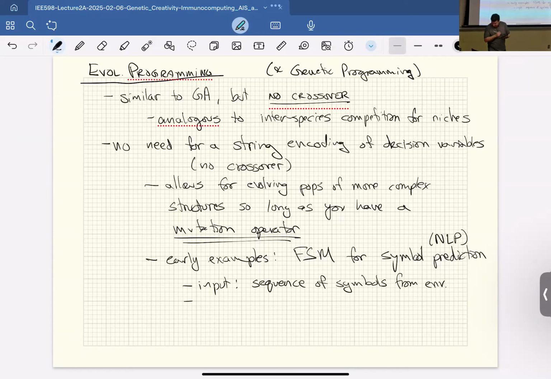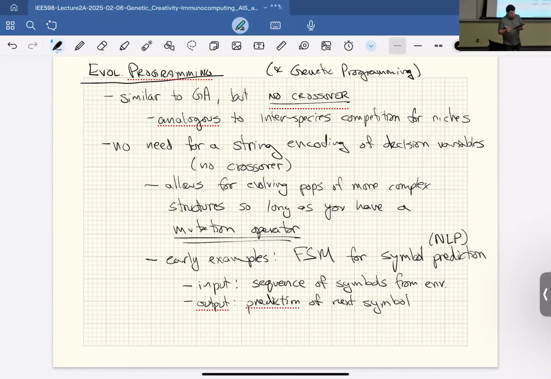And you would like to output the prediction of the next symbol. So good old fashioned, before ChatGPT, what's the next word I'm going to type in my Google search? And then your fitness is your accuracy of prediction.